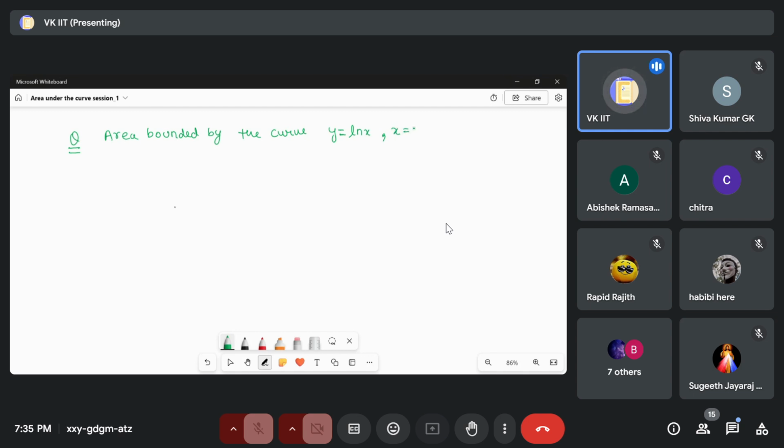Okay, x is equal to 1 and x is equal to 2 and the x-axis. First of all, to solve this, you must know about the graph of ln x, isn't it? And this ln x means what? It is log natural. Log natural means base is e.